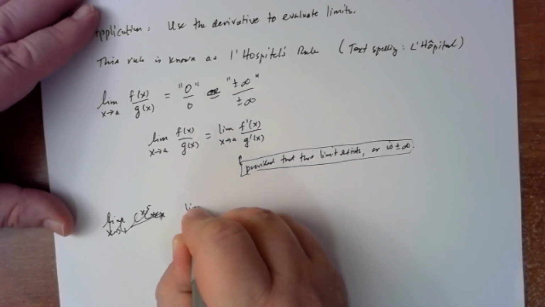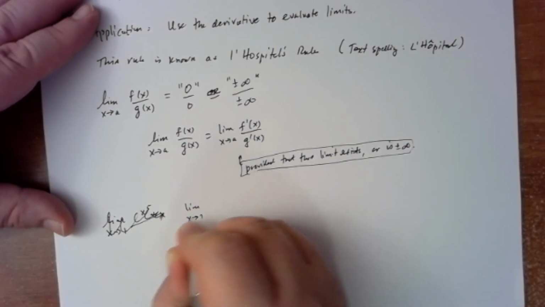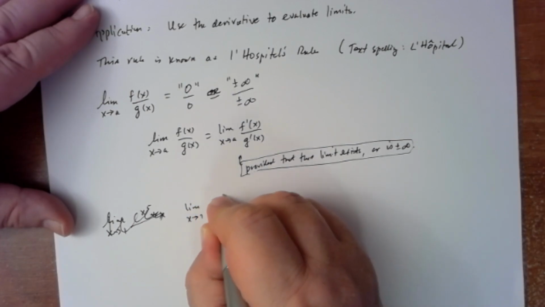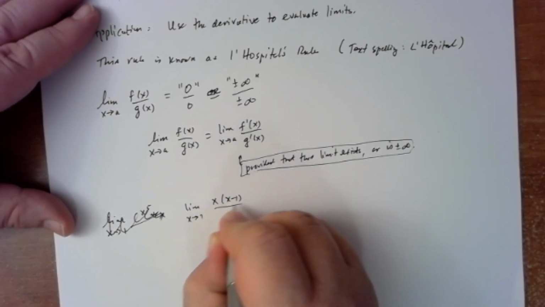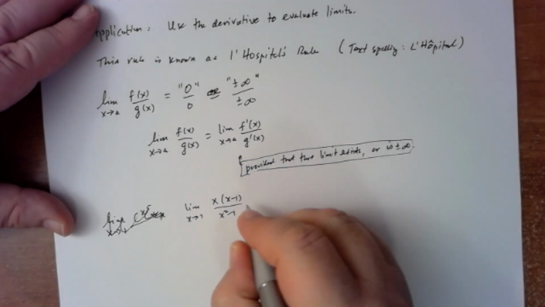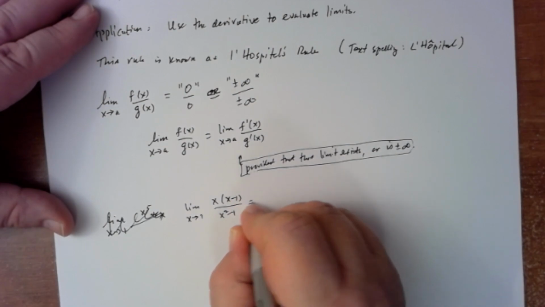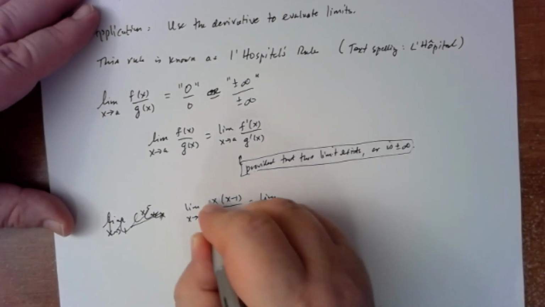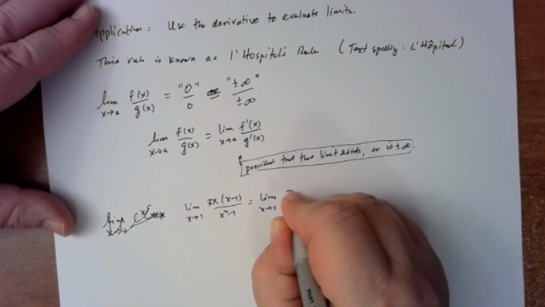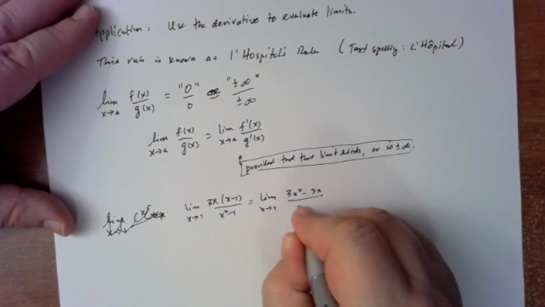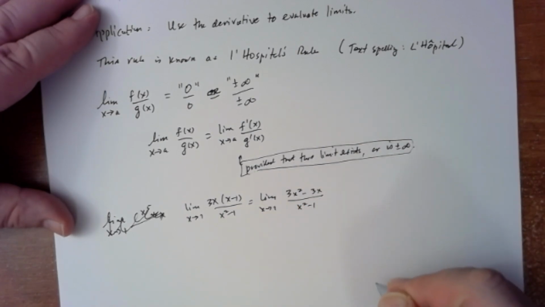So let's just say we have the limit as x approaches 1 of 3x times x minus 1 divided by x squared minus 1. If we were to rewrite this, we have the limit as x approaches 1 of 3x squared minus 3x, sorry about that, divided by x squared minus 1. I'm kind of making up the example as I go.